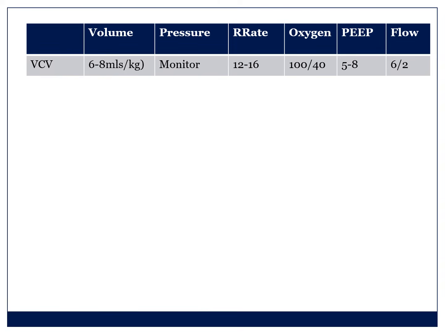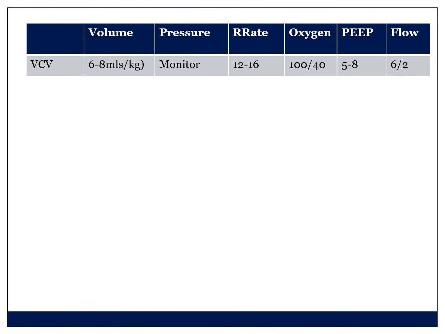If you're setting a volume control ventilation, you might set the volume at somewhere like 6 to 8 mils per kilogram. So for a 70 kilogram person, that would be 420 to 560 mils, something like 500 mils. You would monitor the pressure. You'd set the respiratory rate at something like 12 to 16, whatever you want in that range. And you would start the oxygen at 100% and come down to 40 once you're happy that you're ventilating well.